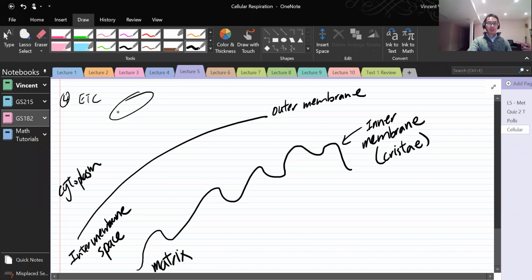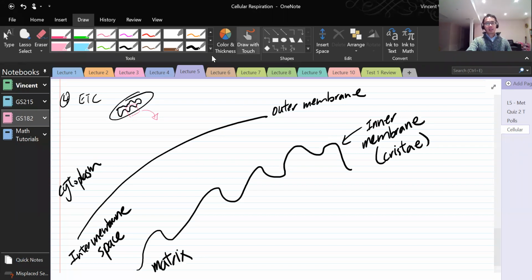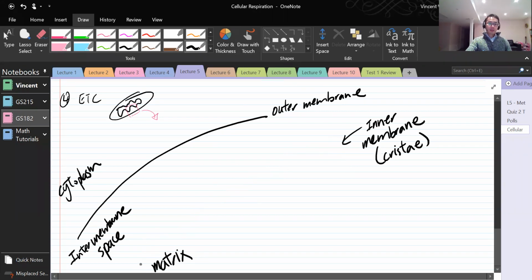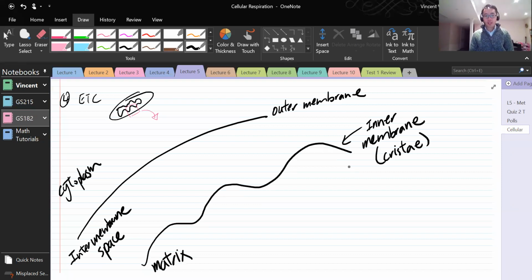So if we take a look at the mitochondria, we are basically zooming in on that section. Do people understand what I'm drawing and where we are at right now? If you have a question, please voice out.